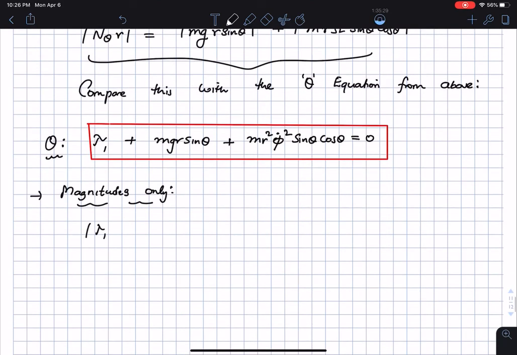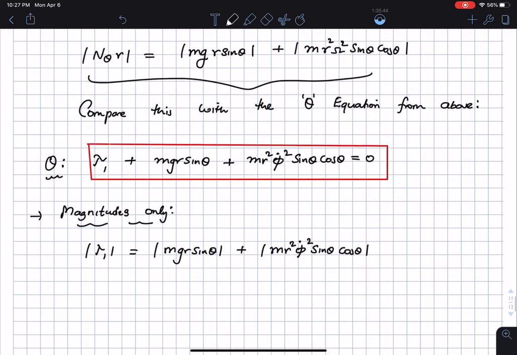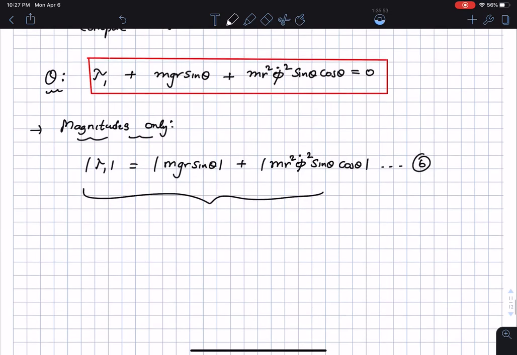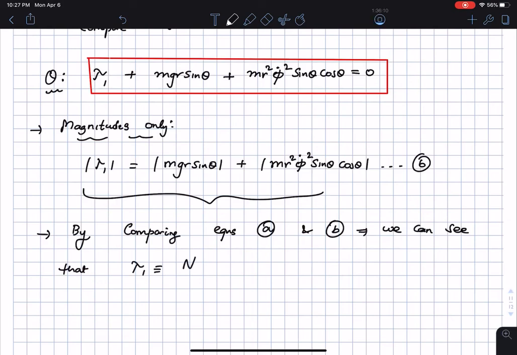The magnitude of lambda 1 is the magnitude of mg r sine theta plus the magnitude of m r square phi dot square sine theta cos theta. And you see, obviously, by comparing, if I call this equation A and this equation B, by comparing these two equations, A and B, we can see that lambda 1 is actually n theta times r.